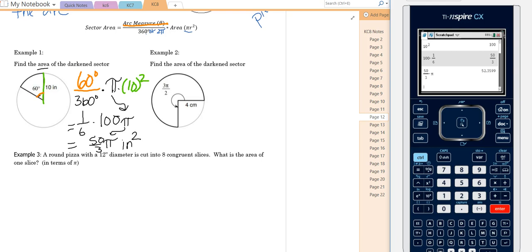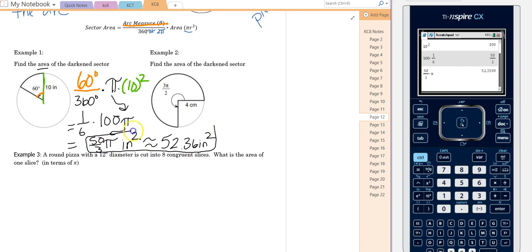And then you get about 52.36. You could also round it if you'd like. We can say this is 52.36 inches squared. That's okay as well. Either one of these answers is okay because it did not tell us to leave it in terms of pi.